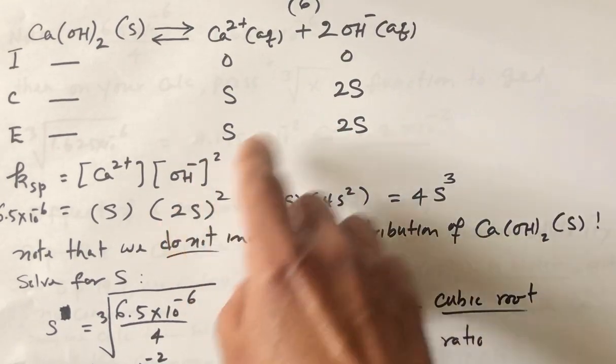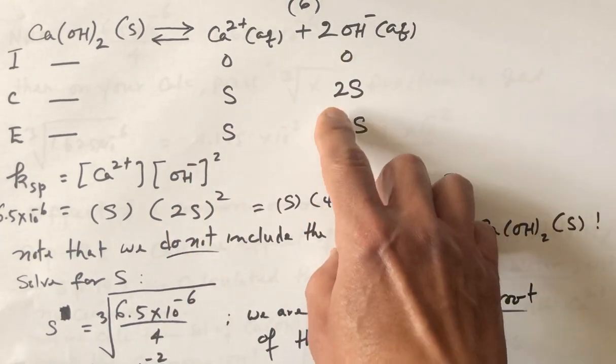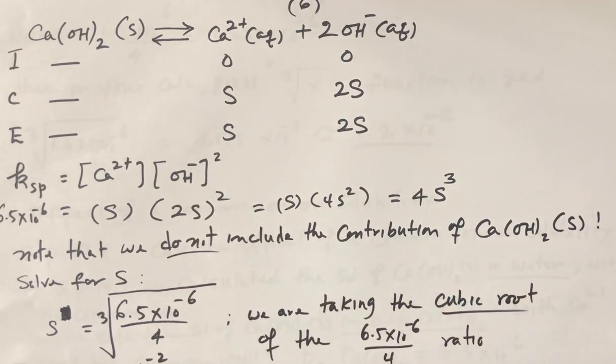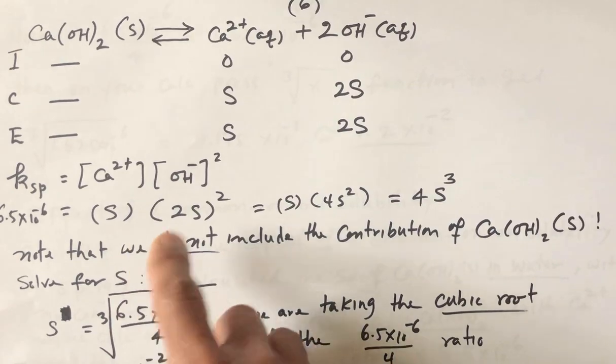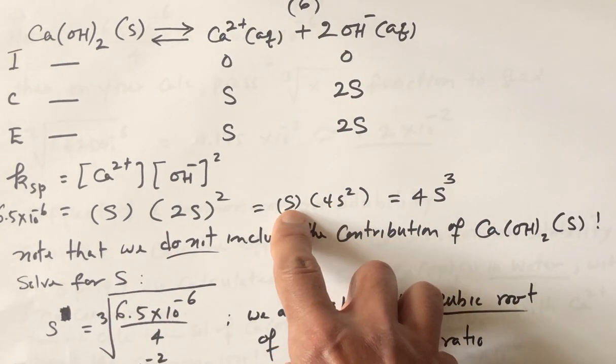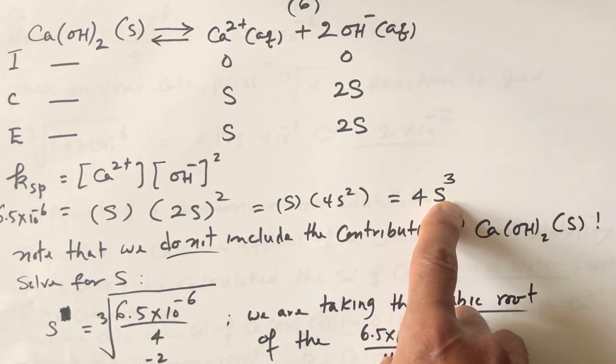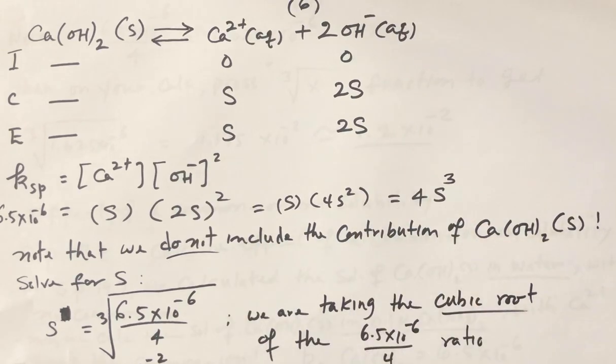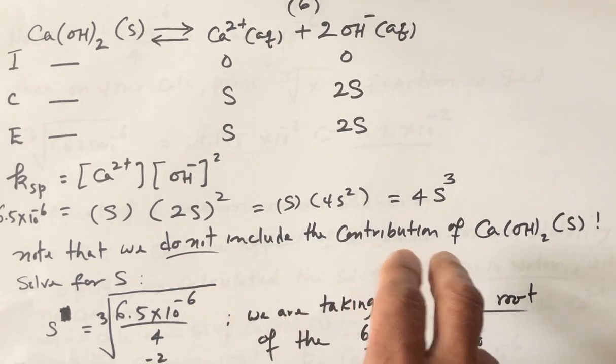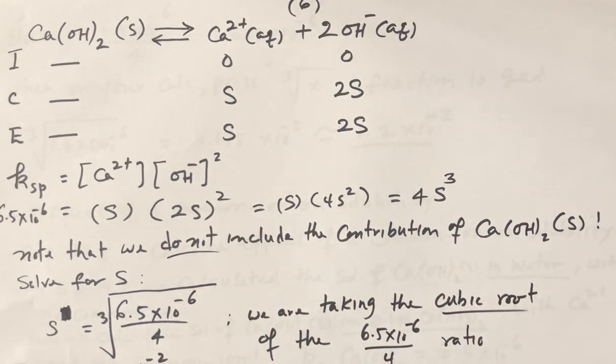Because this 2 appears twice, one here, one time here. So make sure you don't forget that. So the 2S squared is 4S squared, so times this becomes 4S cubed, okay? And also I've indicated one more time that the contribution of calcium hydroxide solid is constant and is not included.